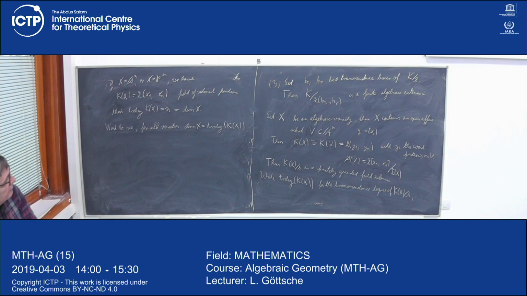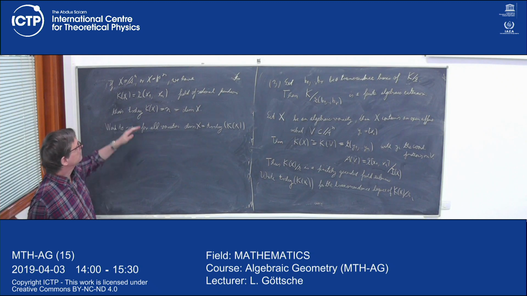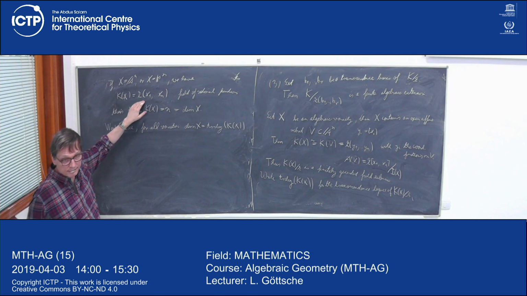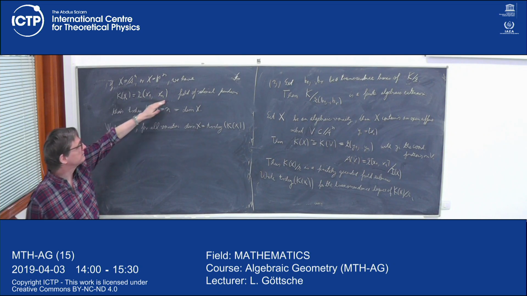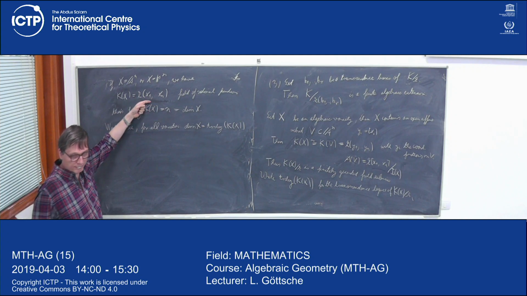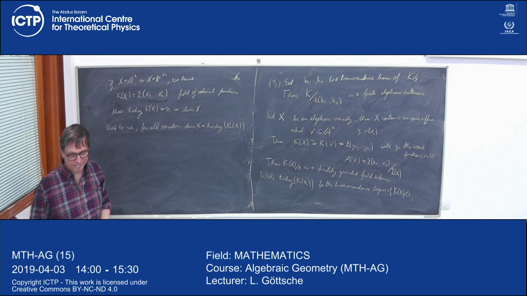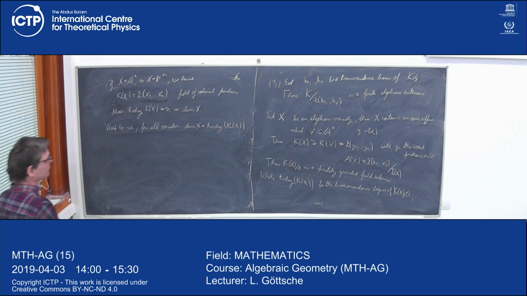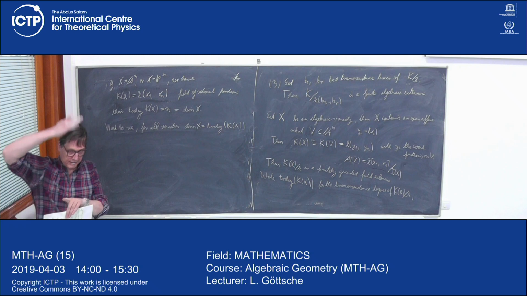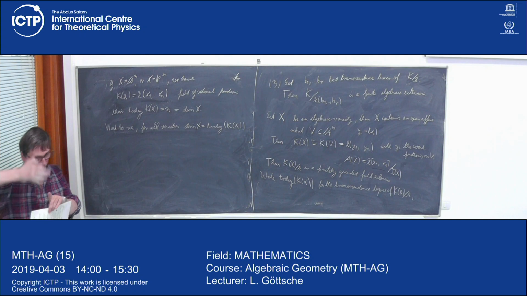Just to stress it again, if the transcendence degree is n, it means that k(X) contains a subfield which is a field of rational functions in n variables. So you really see that there are n algebraically independent functions on it, and this is also a feeling of dimension. You have two completely different notions of dimension which happen to be the same. One is that if you cut it down by an irreducible hypersurface, the maximum number of times you can do it, in the best way, is the dimension.